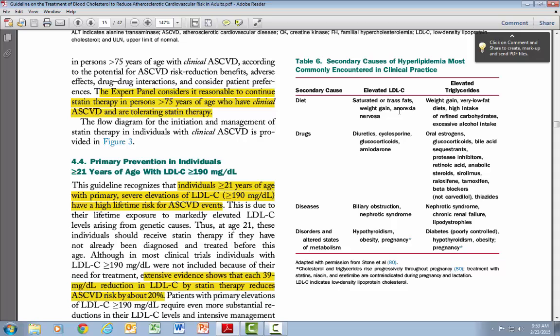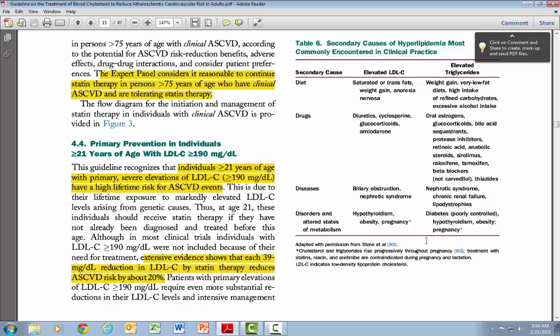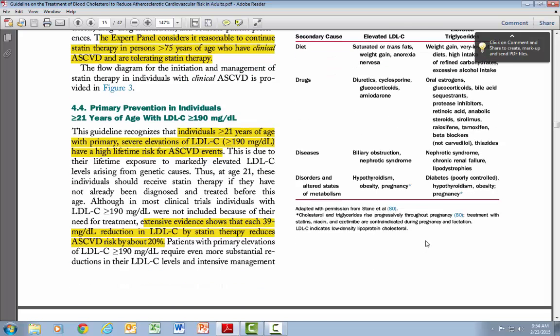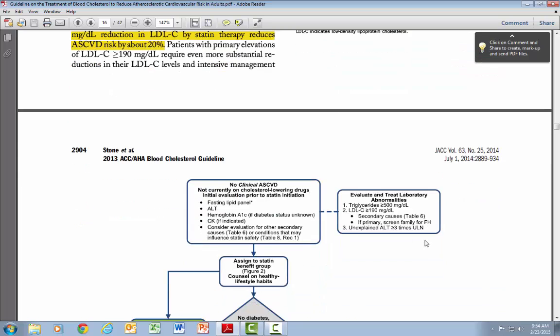If the patient has anorexia nervosa, is the patient on any type of diuretic? Because remember, thiazide diuretics will increase the lipids. Any cyclosporin, any glucocorticoid, amiodarone, any biliary obstruction or nephrotic syndrome, any hypo or hyperthyroidism, obesity, pregnancy, etc. Those you have to rule out as secondary causes of hyperlipidemia.